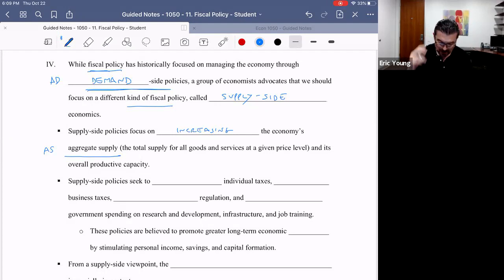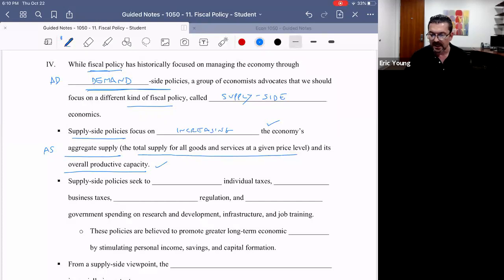As the name suggests, supply side policies are going to focus on increasing the overall economy's aggregate supply, which can be defined as the total supply of all goods and services at any given price level. We'll discuss AS in a lot more detail in our module on the ADAS model. But for now, understand that supply side policies focus on two things. Number one, increasing the economy's AS, and number two, increasing the economy's overall productivity.